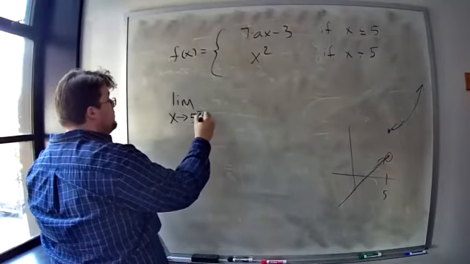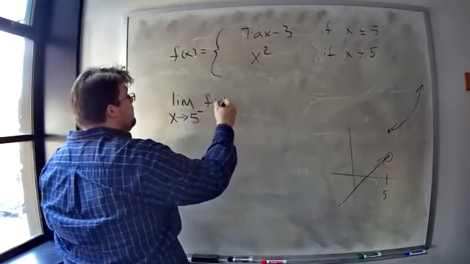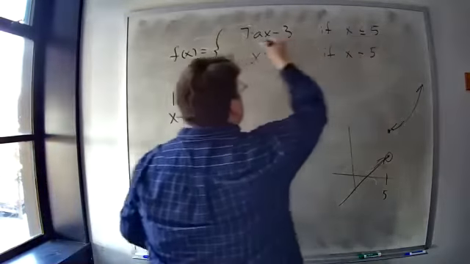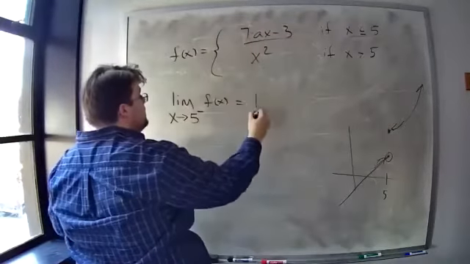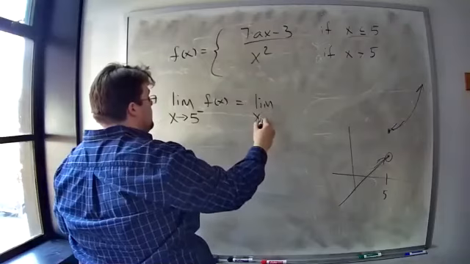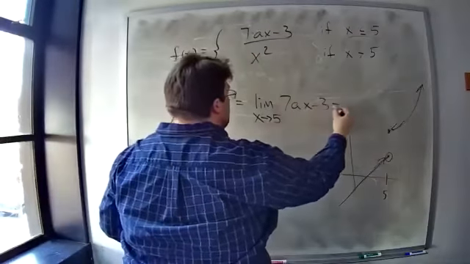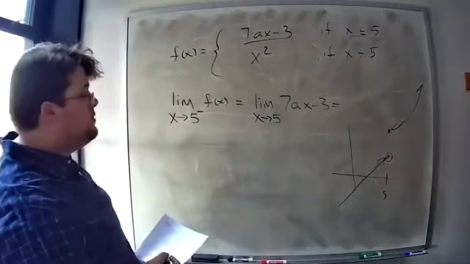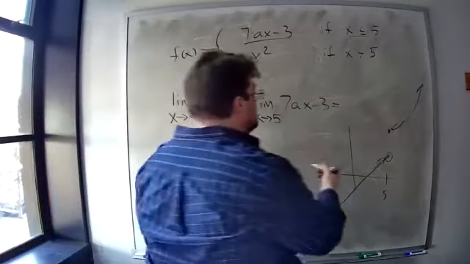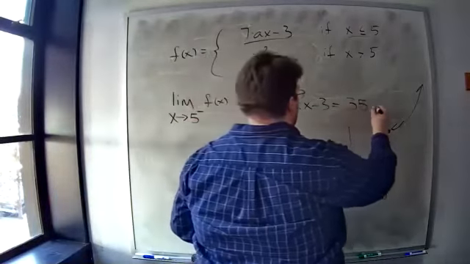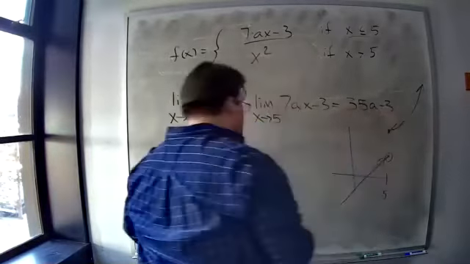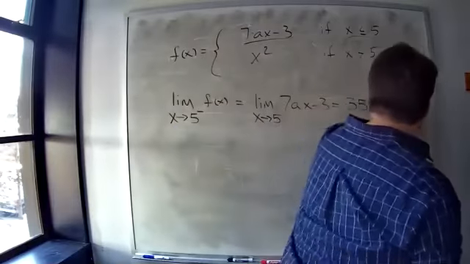Limit as x approaches 5 from the left, while on the left, the function is defined as that line, 7ax minus 3. And what do we get as x approaches 5? Well, algebraic limit laws let x equal 5. 35a minus 3.